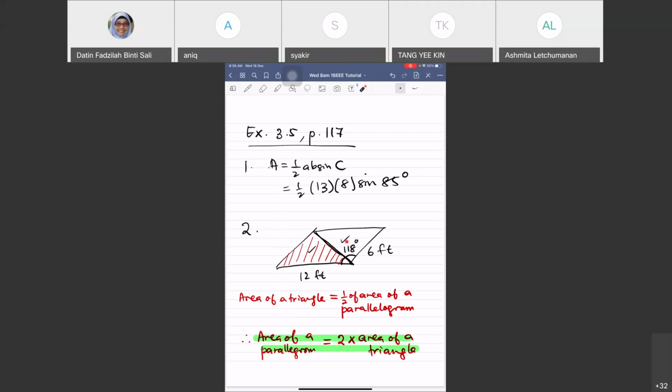I can cut my triangle like this for a parallelogram, or you can cut your triangle like this. So it is still true that the area of a triangle is half of the area of a parallelogram.